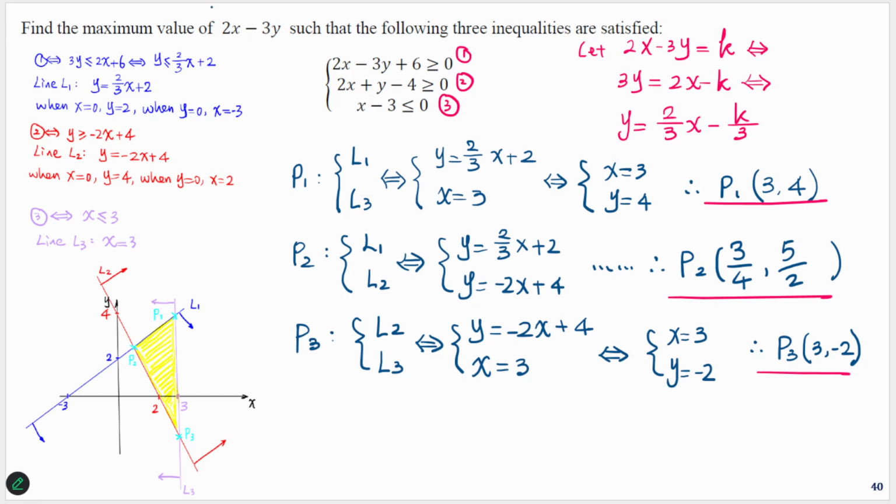So we'll just compare which point can make it the largest. So usually we'll make a table like this. We check each of the vertices, and the target of the optimization is to make 2x minus 3y the largest, right?